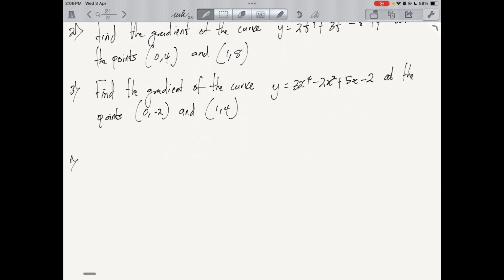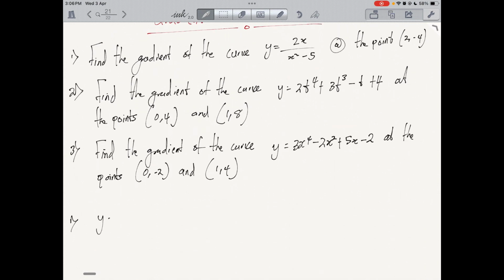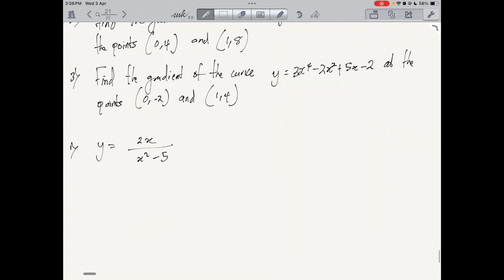So number one, we have that y is equal to 2x divided by x squared minus 5. Now, this is u and this is v. So our u is 2x and our v is x squared minus 5. Okay, this is the quotient rule. Let's apply the quotient rule.